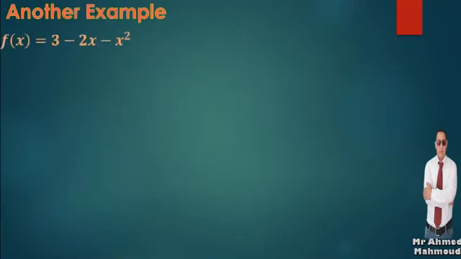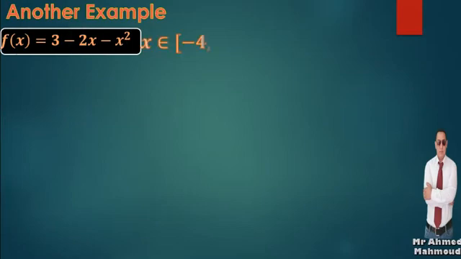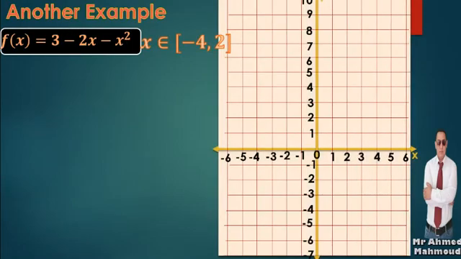Here we have f of x equals 3 minus 2x minus x to the power of 2. Okay, the first step, before solving this one, we have to find the interval. Here the interval is from negative 4 to 2. Okay, the curve appears like this.